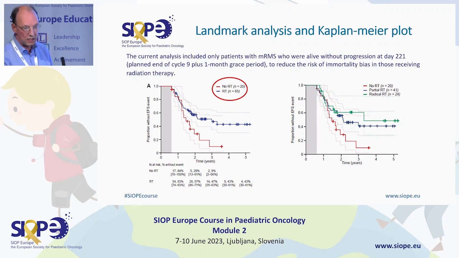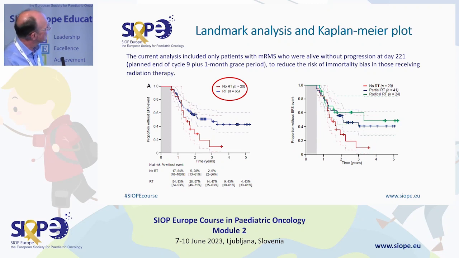This is to reduce the risk of immortality bias. And so the first part is grayed out. They only lost 6 patients by applying this method, so that's not very serious in this case.